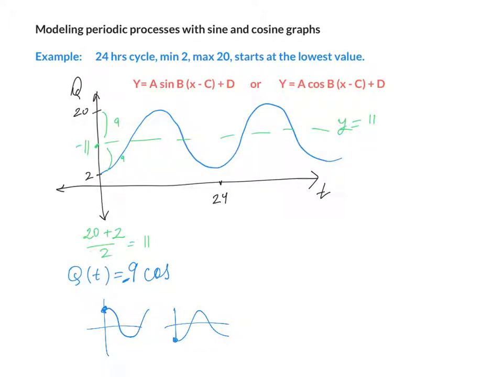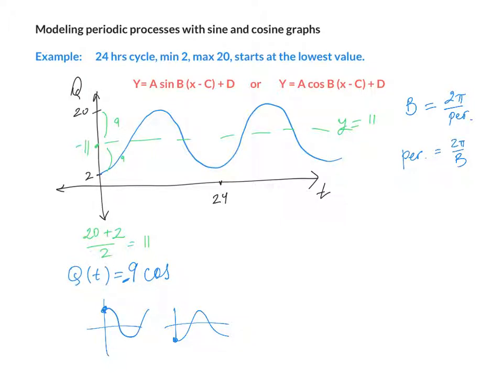Now, what's the frequency? We need to calculate it. Frequency, as you know, relates to the period in the following way. 2 pi divided by the period. Actually, we mostly use this formula so far, period equals 2 pi divided by frequency.